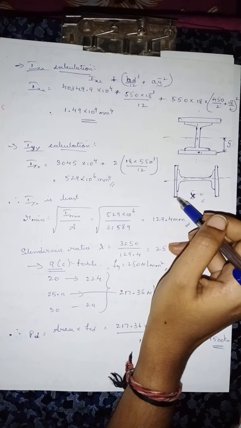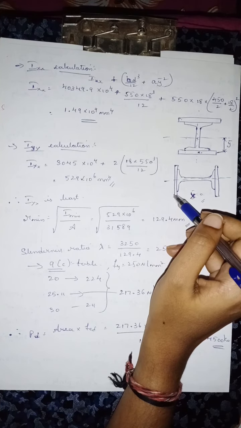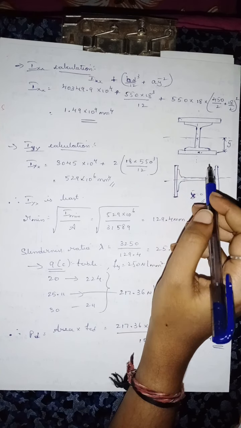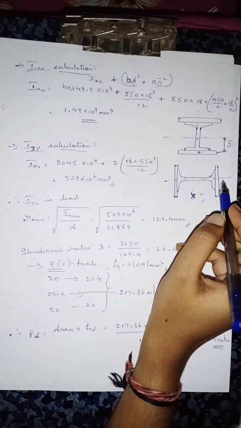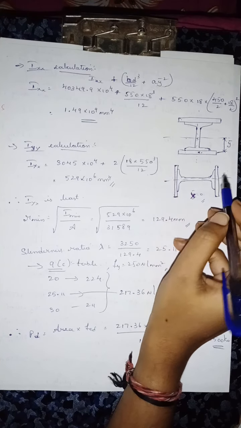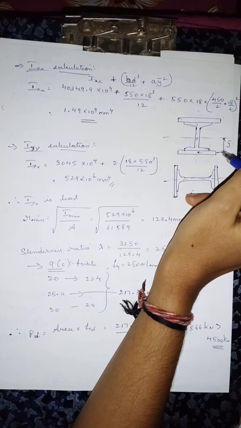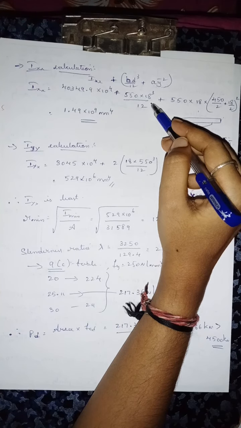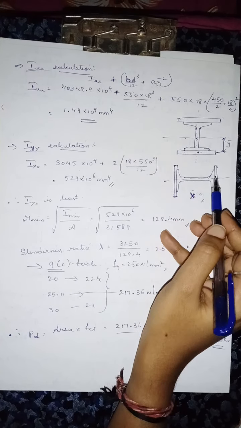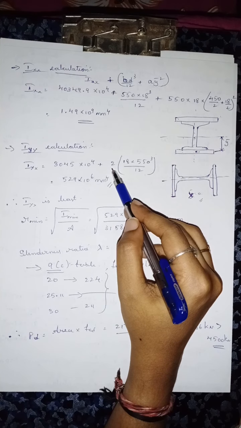So B is 18 and depth is 550, 550 cube divided by 12. Plus, as we are taking the two plate areas into consideration, it is multiplied by 2.